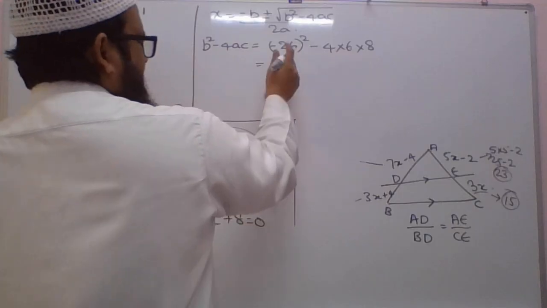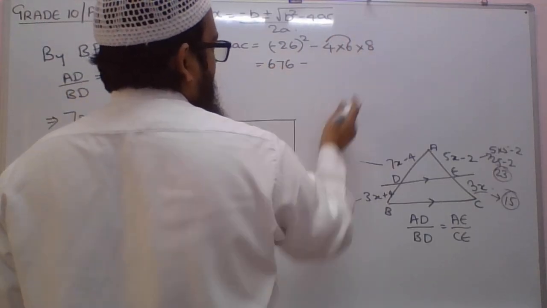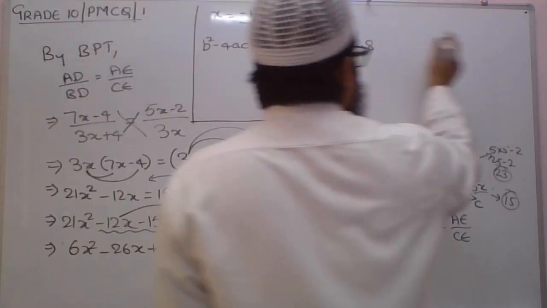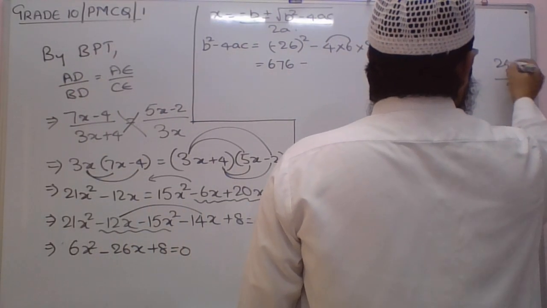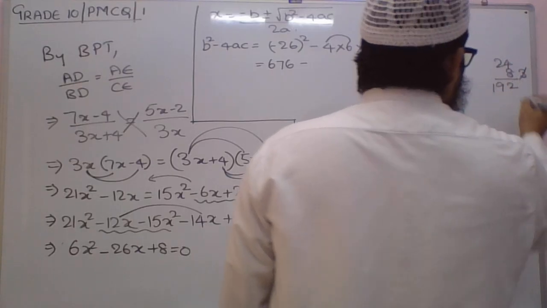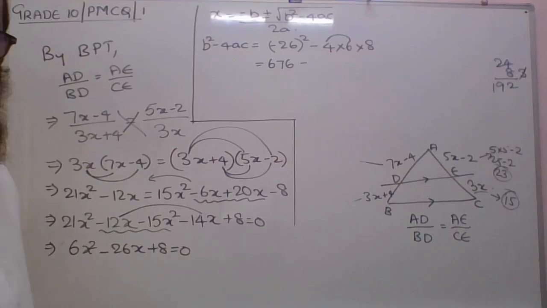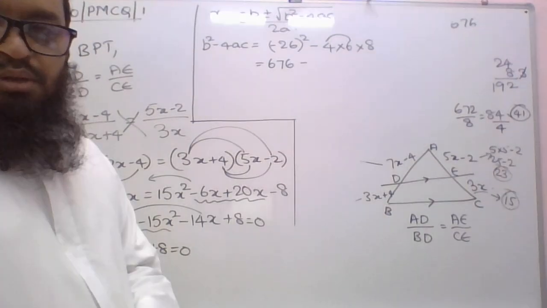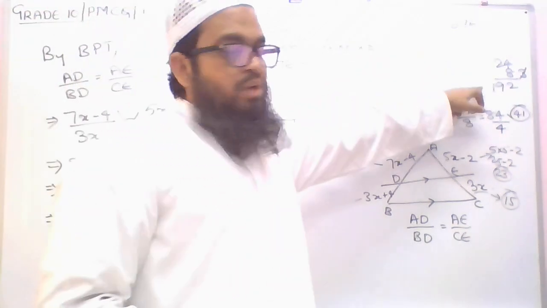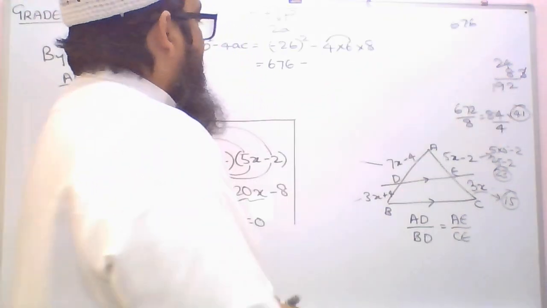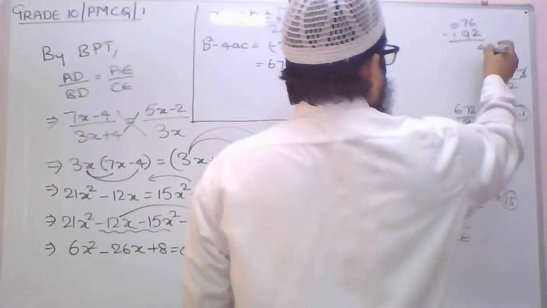So 26 square, I believe it is 676, minus 6 4s are 24, and 24 into 8, 8 4s are 32, 8 2s are 16 plus 3, 19. Is it right? So 6 4s are 24, 24 8s are 192, right? Now let us subtract 676 minus 192. 6 minus 2 is 4.